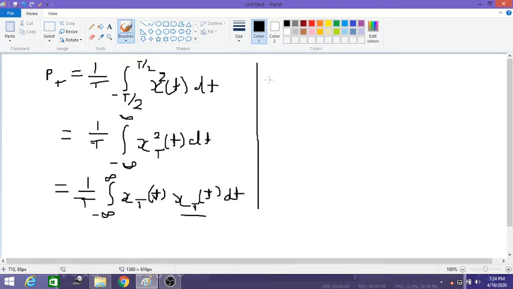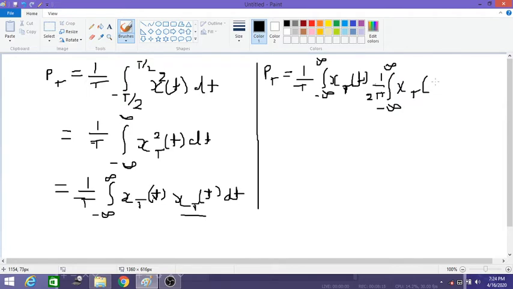So I'll get P of t is equal to 1 by T into integral from minus infinity to plus infinity of x_T of t into, applying the inverse Fourier transform, 1 by 2 pi integral from minus infinity to plus infinity of X_T of j omega into e power j omega t into d omega into dt. So this is what I'll get.